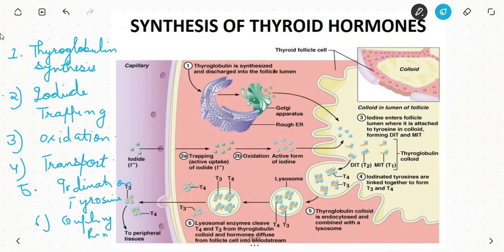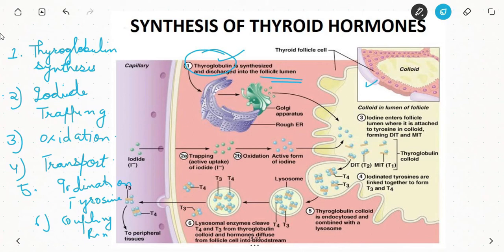So first comes the thyroglobulin synthesis. The thyroglobulin is synthesized and discharged into the follicle lumen. The endoplasmic reticulum and Golgi apparatus in the follicular cells of the thyroid gland synthesize and secrete thyroglobulin. After synthesis, the thyroglobulin is stored in the follicles. Second is iodide trapping.